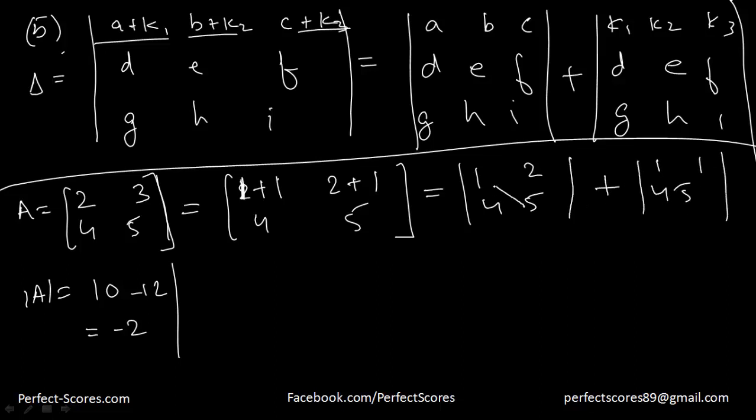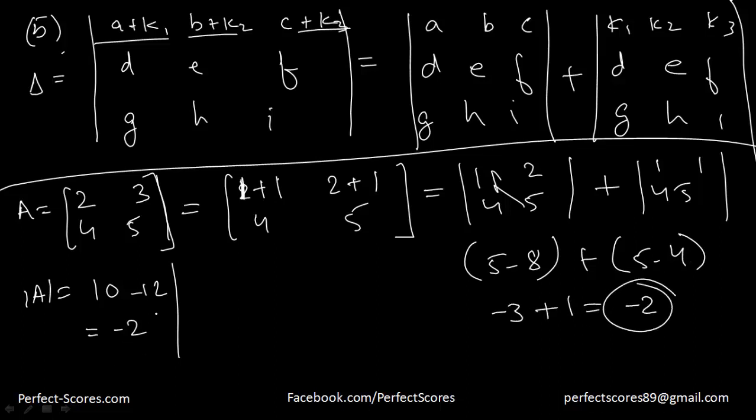If I calculate the value, that's going to be 5 minus 8. Then this over here is going to be 5 minus 4. So this is going to be negative 3 and positive 1, which is going to be negative 2, which is actually giving us equality. Right? So I suppose you're understanding this point over here. The fifth property states that if an element in a row or a column is a sum, we can actually split it like this. Right? So I suppose you're getting this point over here, guys.